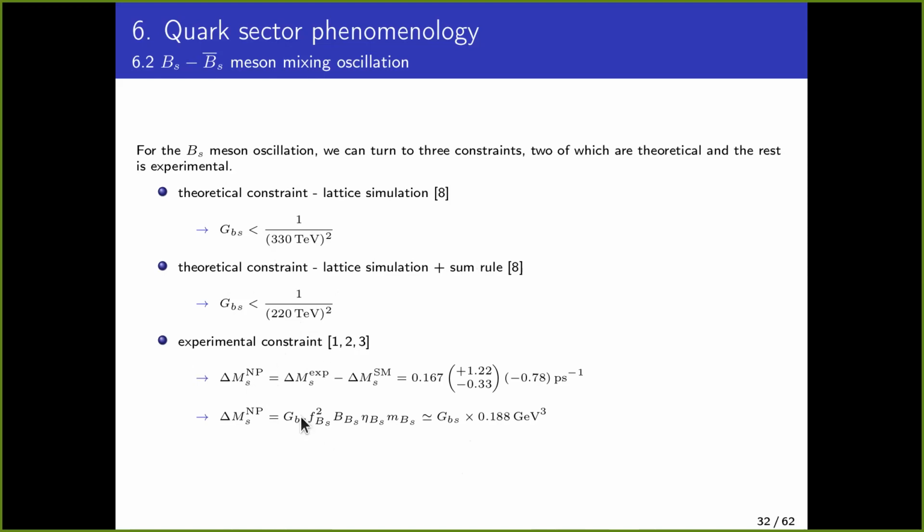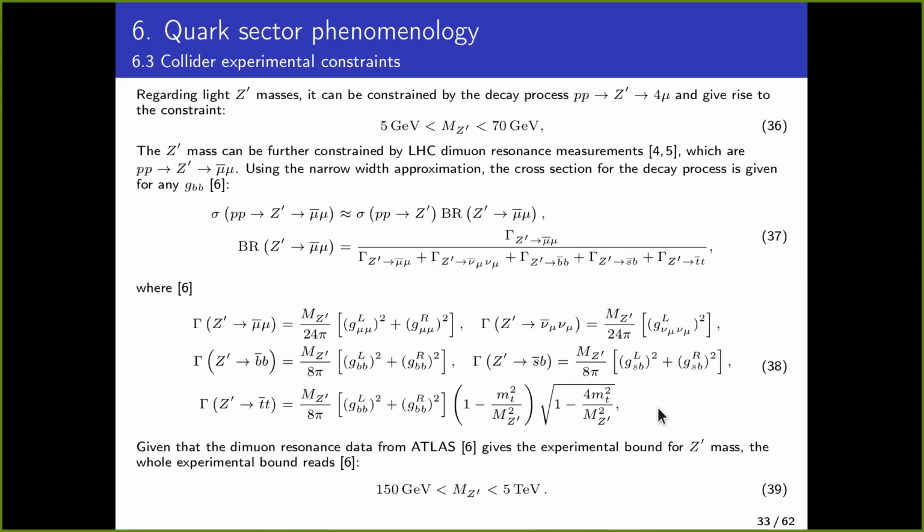This is our analytic prediction for the PS measurement oscillation new physics effect. This effect should be located between the minus error bar and the plus error bar, so our prediction should be located here. We will consider all three constraints for the PS measurement oscillation. And we move to the collider experimental constraints.